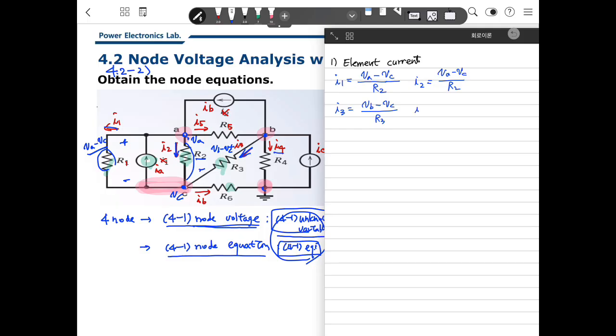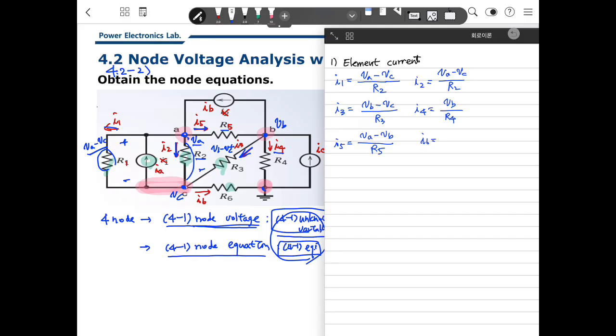And what is I4? I4 is VB, and this is ground. So VB divided by R4. And what is I5? I5 is going from here to here. This is VA. This point is VB. So VA minus VB divided by R5.